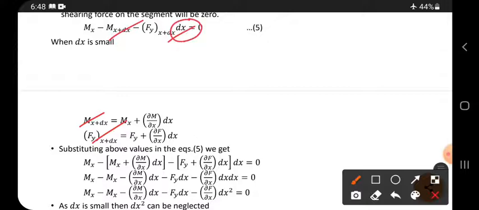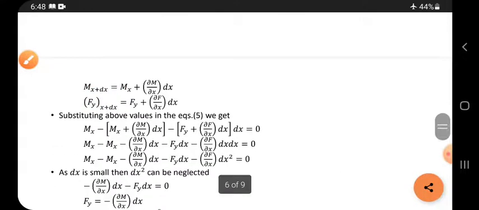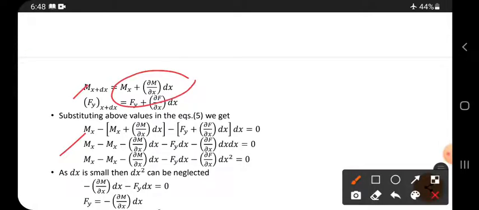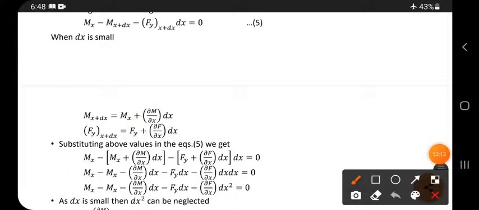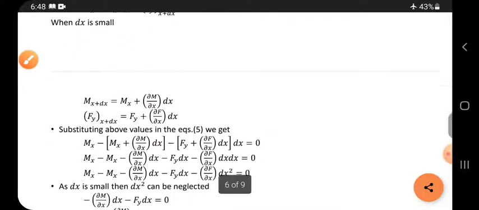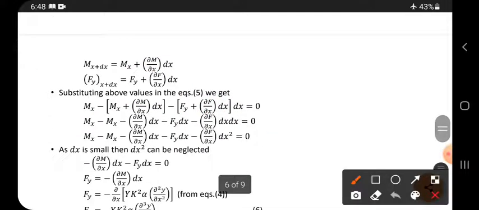Here into dx is there, don't forget it for Fy. So Mx as it is, in the place of Mx plus dx this one is substituted. Now open the bracket by multiplying the minus, and dx.